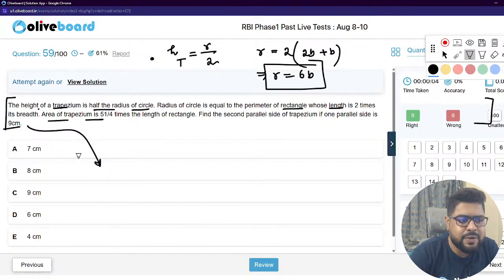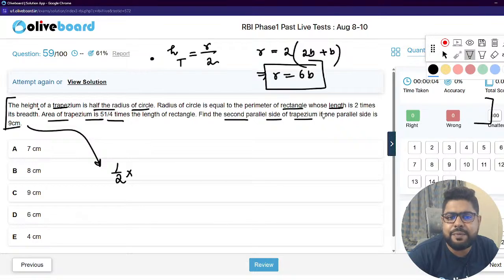Now area of trapezium, I'll make my equation from here. Area of trapezium is half into sum of parallel sides, which is 51 by 4 times the length of the rectangle. Find the second parallel side of the trapezium if one parallel side is 9.